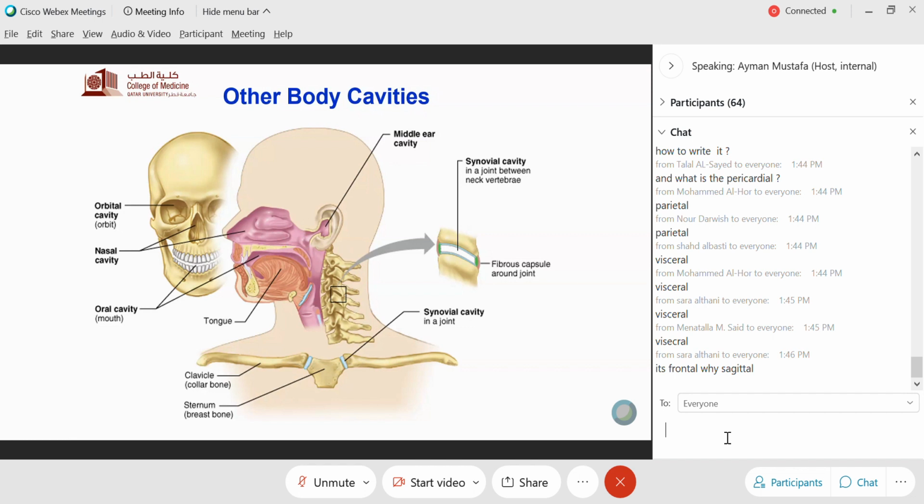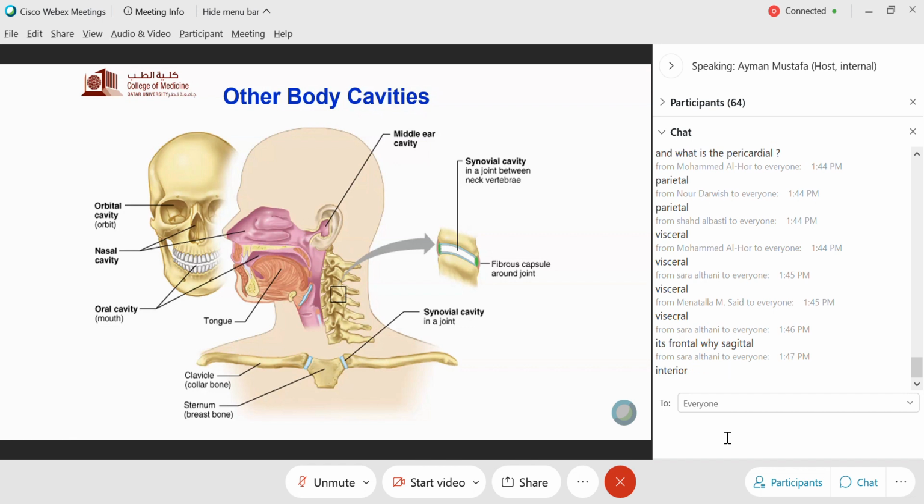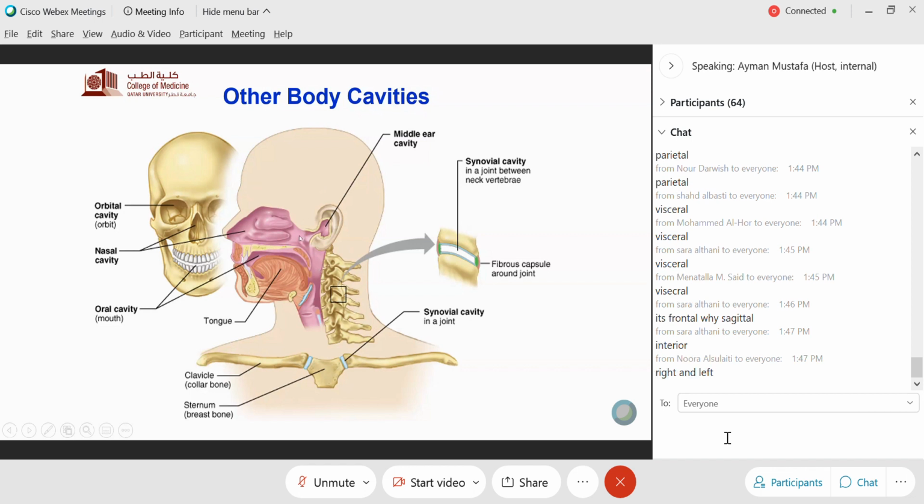We cut it into right and left halves, and we removed one half so that we can see the inside. So if you look at this picture of this head, for example, you should say this is a sagittal section. But I'm looking at it from inside.